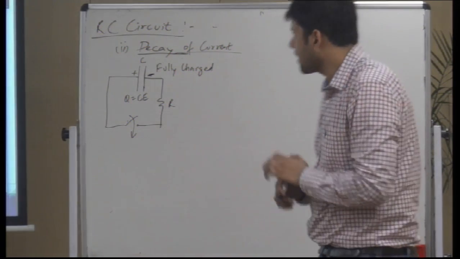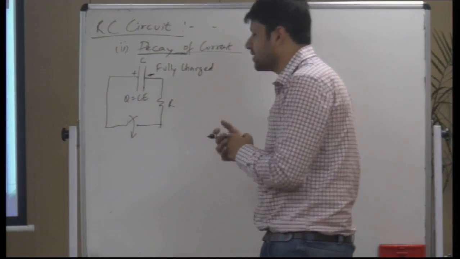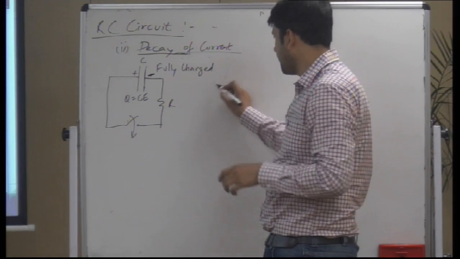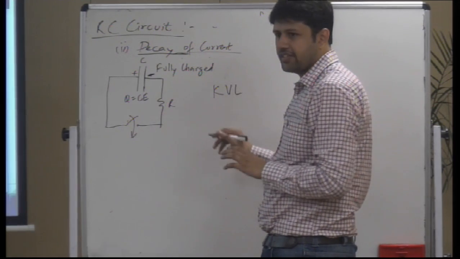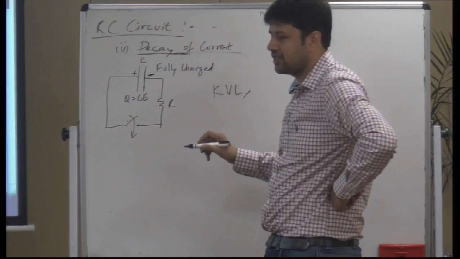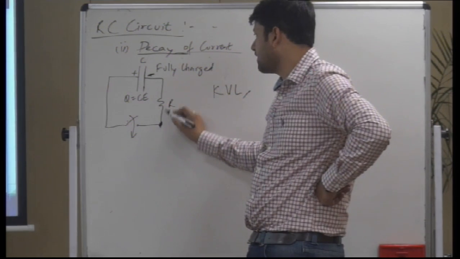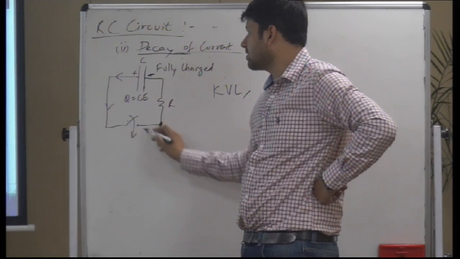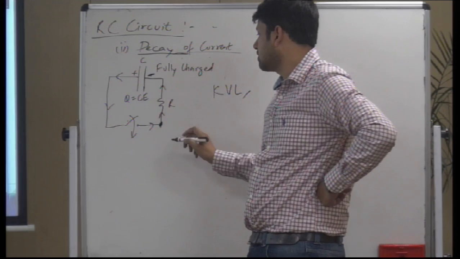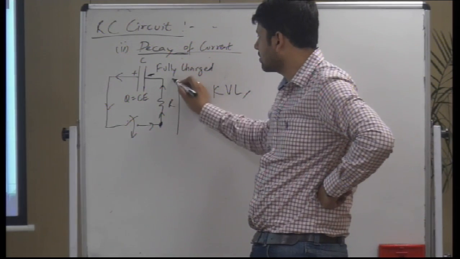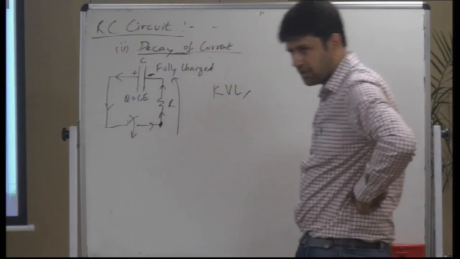We can always go via the KVL method. I'll write the KVL equation. The KVL equation says, let's start from this point. The current is flowing like this. Let's go this way.